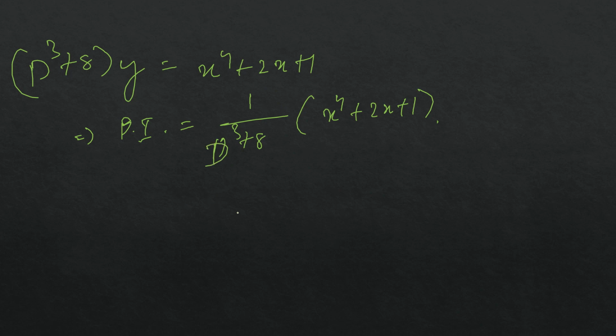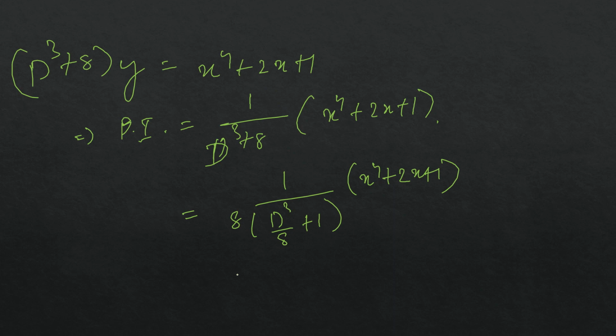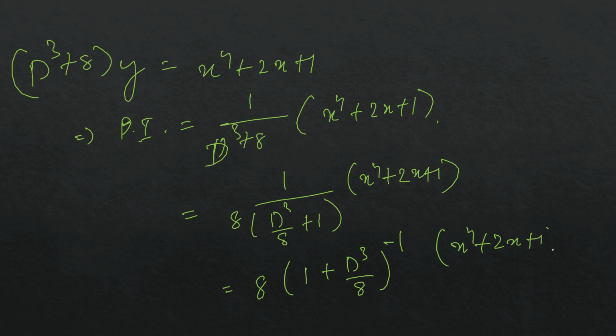So if I do it, I have to do it separately for everything. No, let me take 8 common. So 1 by 8 into (D cube by 8 plus 1) inverse, x fourth plus 2x plus 1. So I can write like this: 1 by 8 (1 plus D cube by 8) to the power minus 1, x fourth plus 2x plus 1.